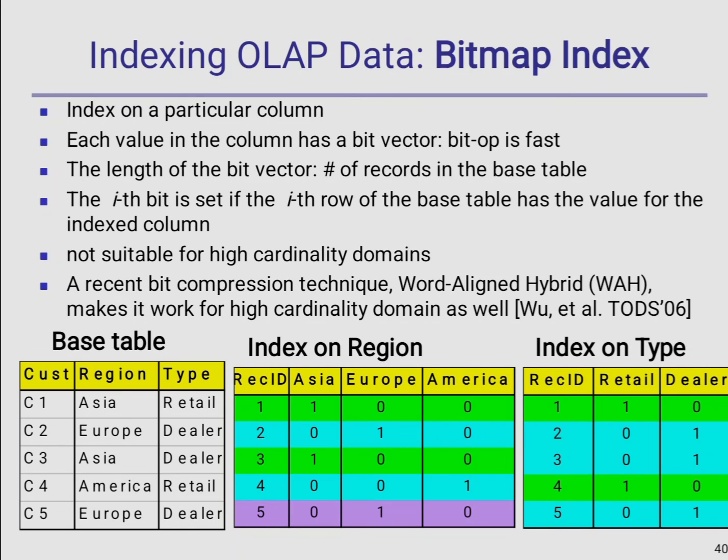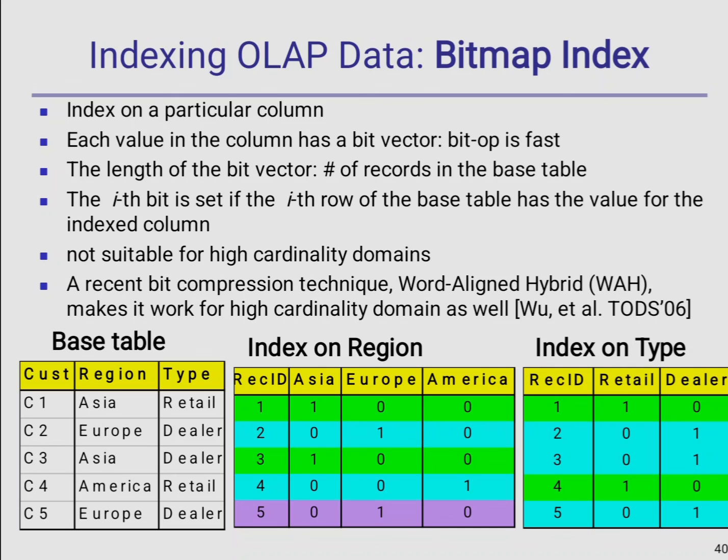Each value in the column has a bit vector, and bit operations are faster. The length of the bit vector is equal to the number of records in the base table. The ith bit is set if the ith row of the base table has the value for the index column. It is not suitable for high cardinality domains, but a recent bit compression technique like word-aligned hybrid makes it work for high cardinality.